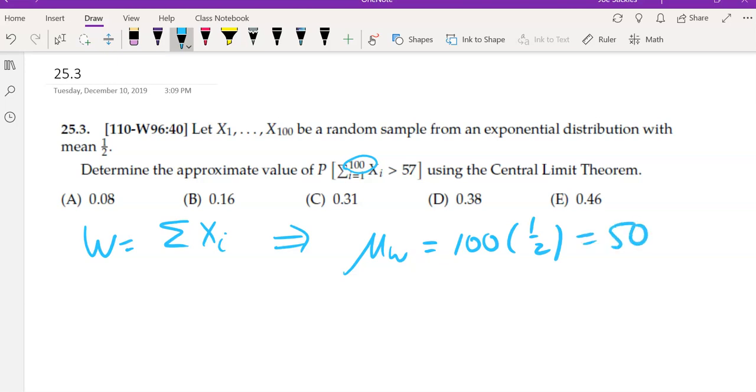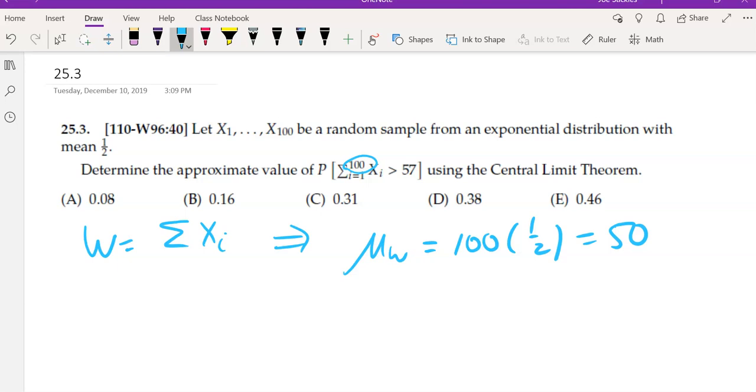We don't have the 1 over n out in front at all. It's just 100 copies of a distribution that has a mean of 1/2, so the mean overall will be 50, because we're doing a sum.